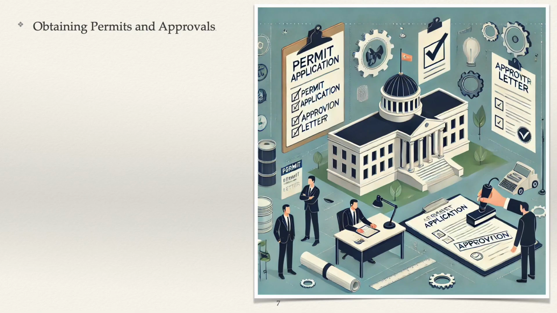Typically, these permits are obtained by the client. However, in some cases, the client may request the contractor to prepare the necessary documents, or they may handle the process through the consultant engineer. The approach often varies depending on the terrain and specific project conditions.